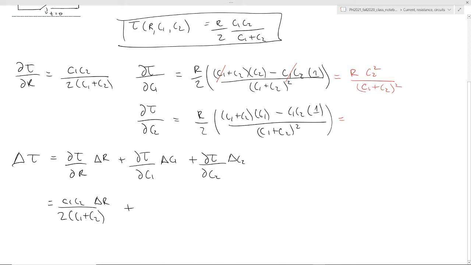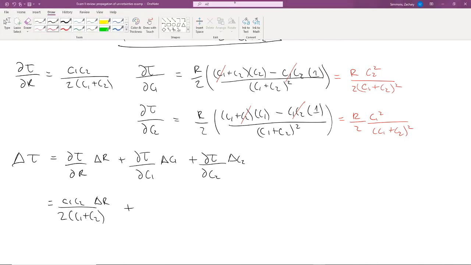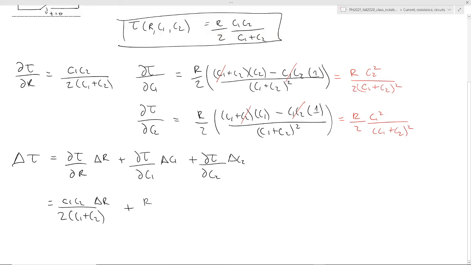This C1, C2 piece would be canceled by that one. So we would have R over 2 C1 squared over that. So let's put those ingredients together. See, once you get in the swing of this, it's not so bad. Just practicing some of your calc skills.